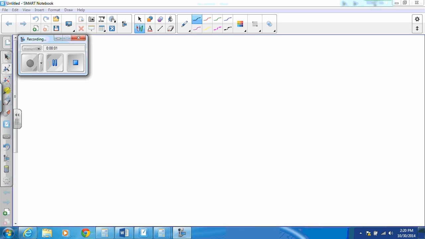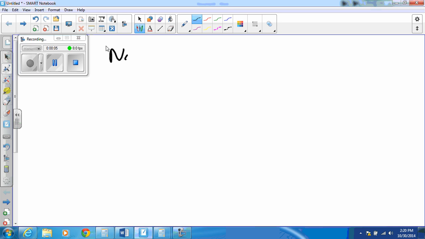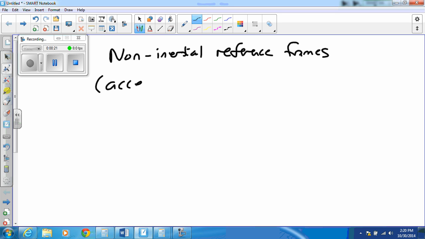Here we go. So we're going to be talking today about non-inertial reference frames. A non-inertial reference frame is a reference frame that is actually accelerating relative to other inertial reference frames.